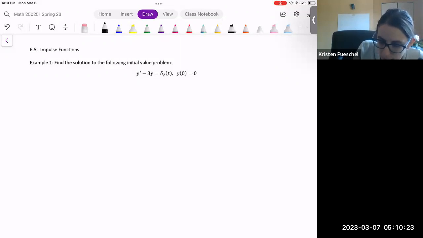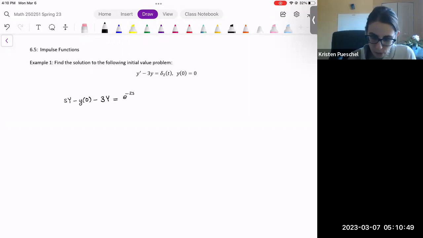On the left-hand side, we have s times the Laplace transform of little y, which is big Y, minus little y at 0, minus 3 times the Laplace transform of little y, or big Y. This is going to be equal to the Laplace transform of delta 2 of t, which is e to the negative 2s, just a bare exponential.